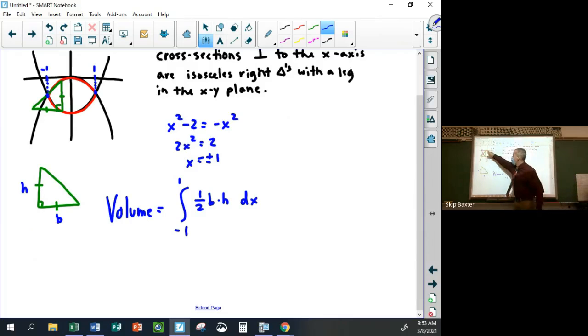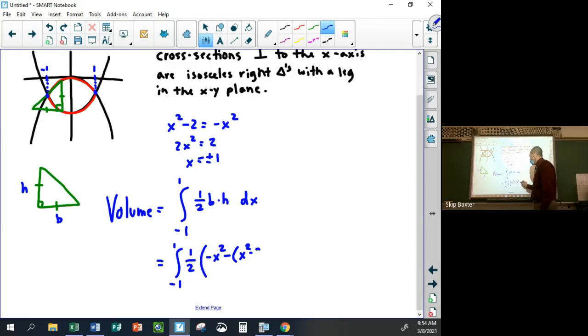That height is top curve minus bottom curve. We know that from before. So this is just going to be the integral from negative 1 to 1 of 1/2 of negative x squared minus x squared minus 2, squared, dx. Squared because it's base times height, and base and height are both the same amount. This is the exact volume of the figure that we formed, a 3D figure.